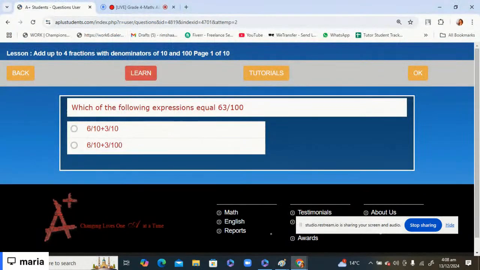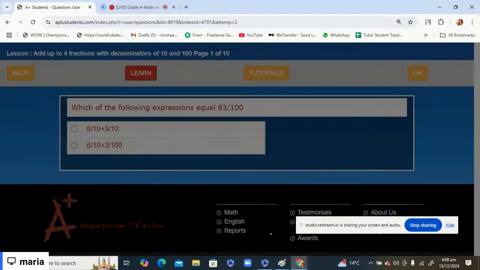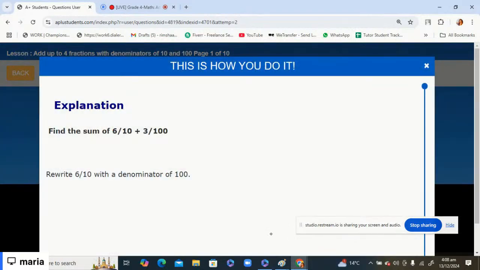So here it's 63 by 100. One is shown. These are both options. Here it's 60.